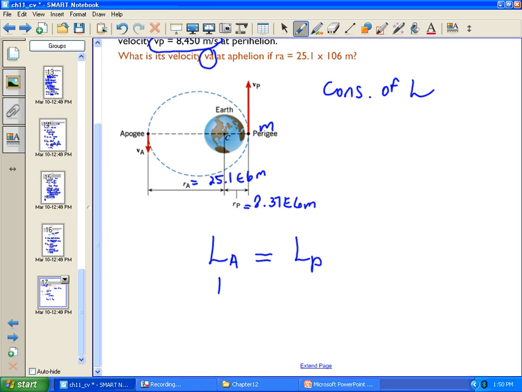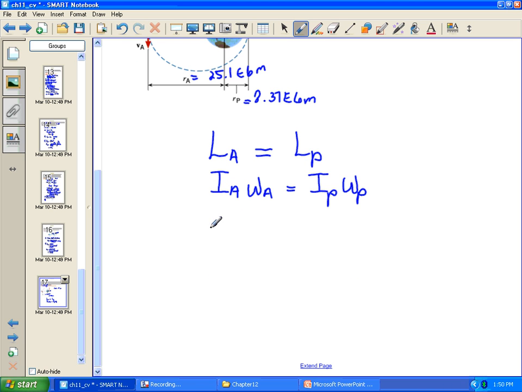So let's see. I sub A times omega sub A equals I sub P times omega sub P. Well, what is I? We're going to model this satellite to be a point particle, so it's not rotating about its own axis, it's just a mass, which is rotating about a point which is r sub A away.